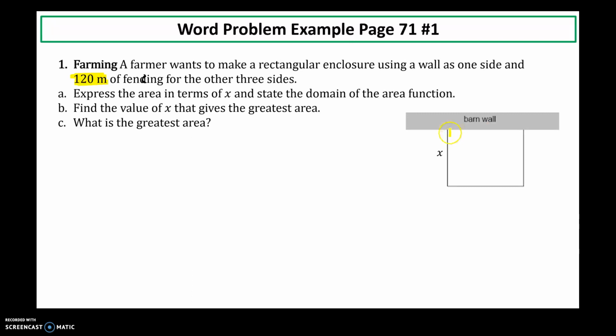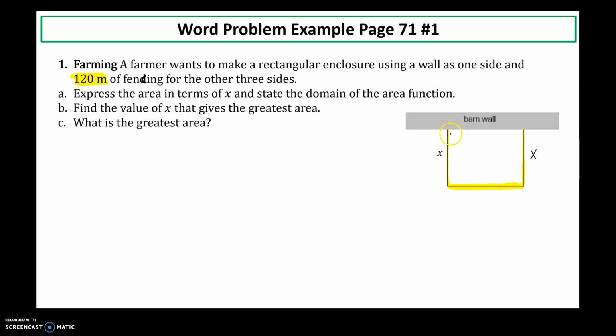So here I have this wall where one side is the barn wall. The enclosure is actually only going to have 3 sides to it, because we don't need to build anything on the wall where the barn already is. If this length is x, this length is x. What do I know?